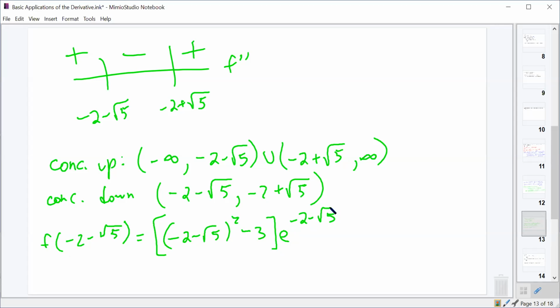And negative 2 minus root 5, if you square that, should be 4 plus 5, which is 9, and then minus the 3, which is 6, and 6 plus 4 root 5. You guys agree with that? Hopefully I did that arithmetic right.